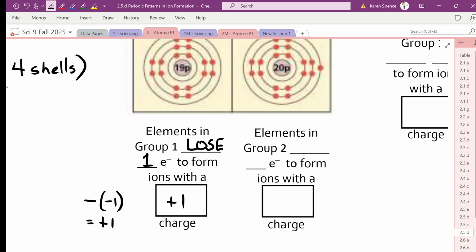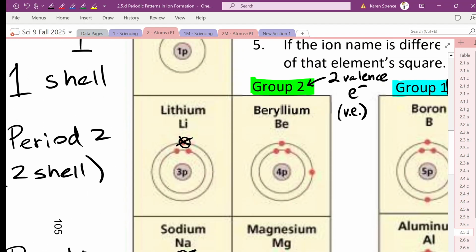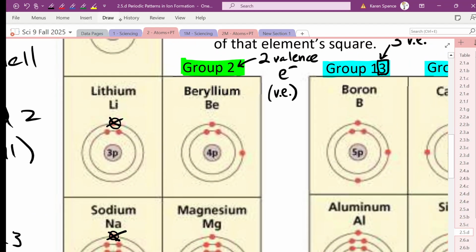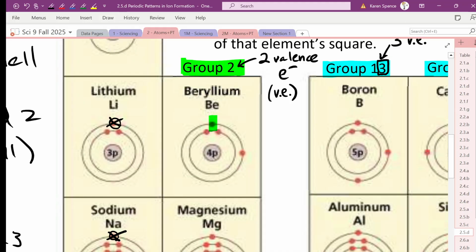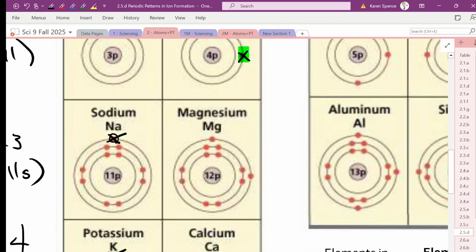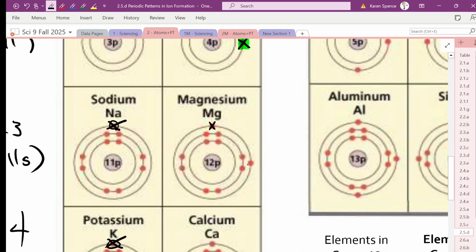Group 2. How many electrons in the outer shell? 2. So is it going to gain or lose electrons? It's going to lose. How many? It's going to lose 2 electrons. So let's cross them out. Bye-bye. Adios. See you later.